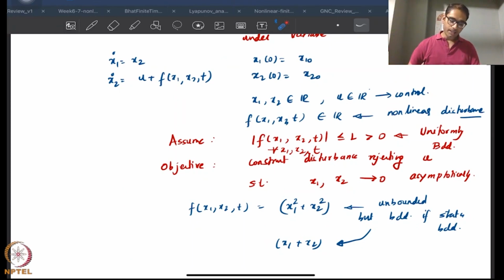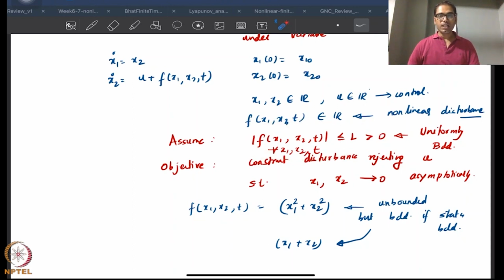However, one can always claim that in a compact set of the states, this nonlinear function can be bounded, and there are more modern results in sliding mode theory that help you get more advanced results. But what we will look at in this series of lectures is the more classical version, where you assume uniform boundedness on this nonlinearity.